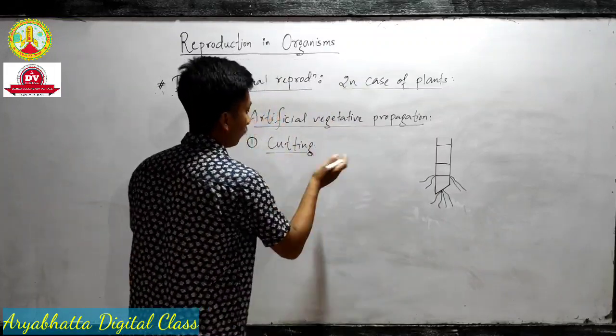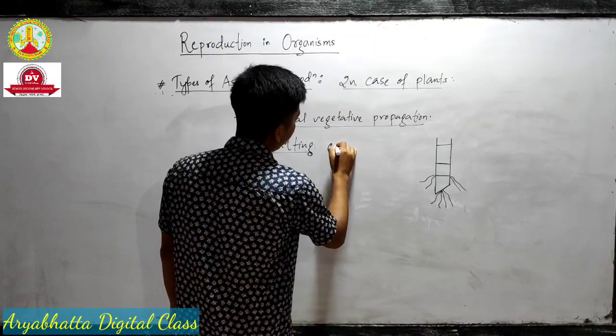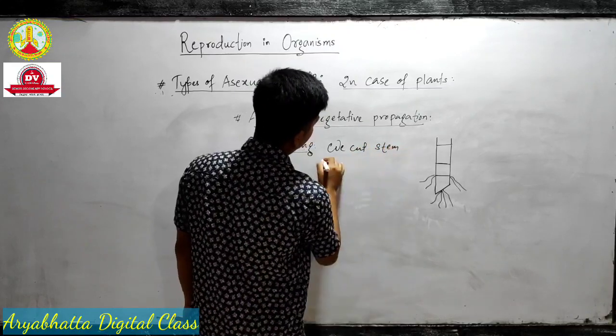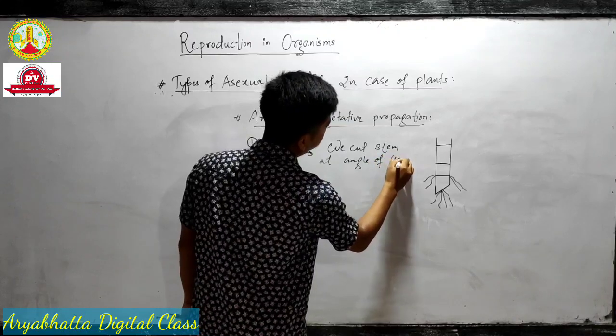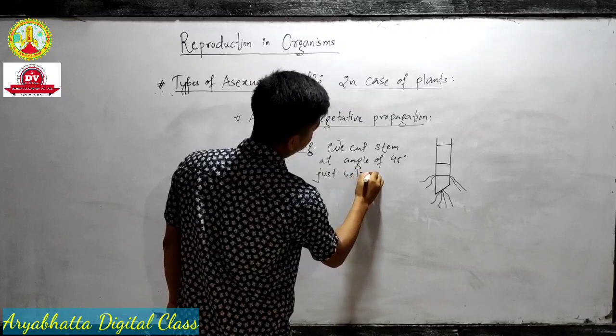So you can write yourself: what do we do in cutting? We cut the stem at an angle of 45 degrees just below the nodes region.